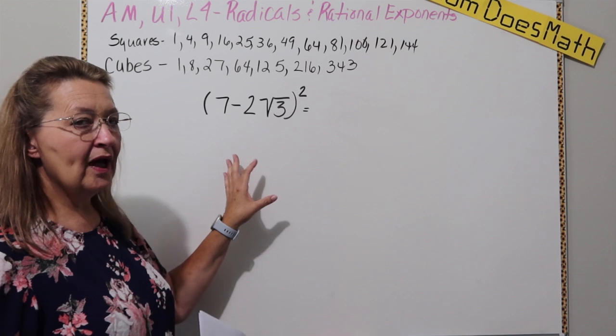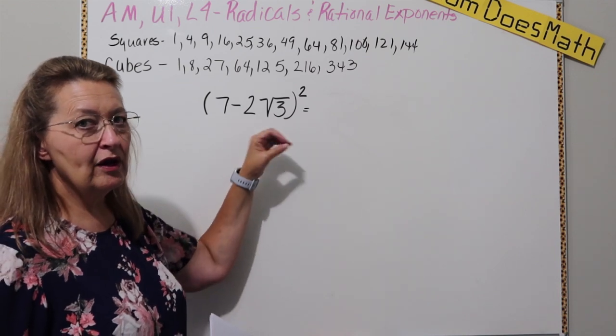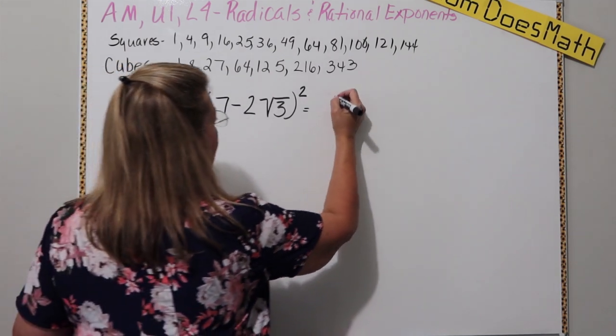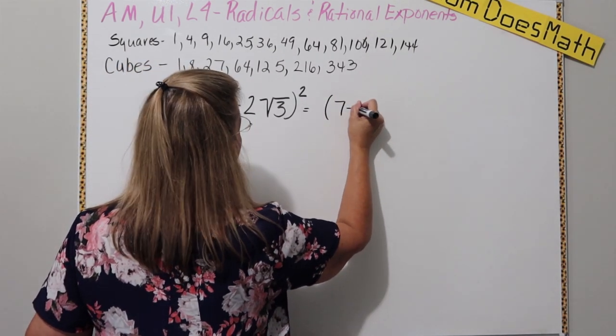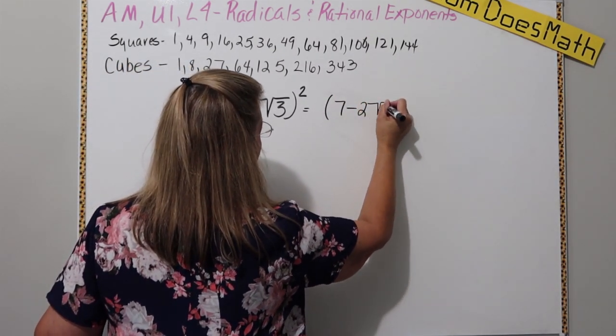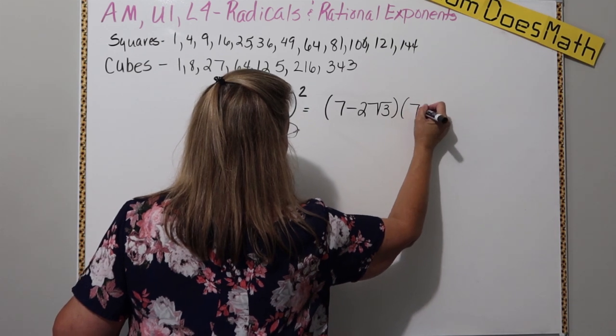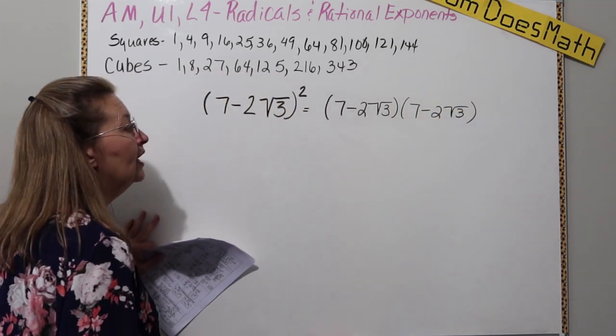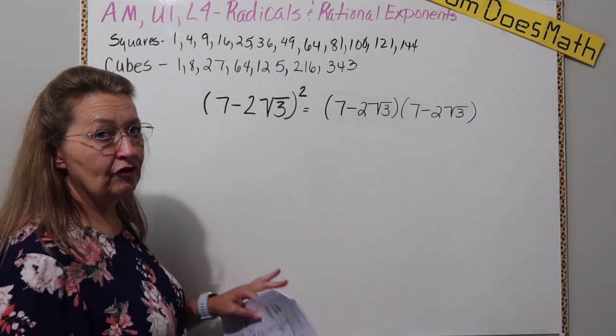When you square a binomial, you don't just square each term, you have to expand it out. And that means I'm going to multiply 7 minus 2 square root of 3 times 7 minus 2 square root of 3. Now you need to distribute or FOIL.